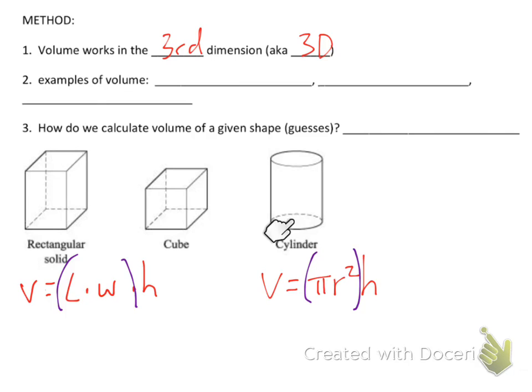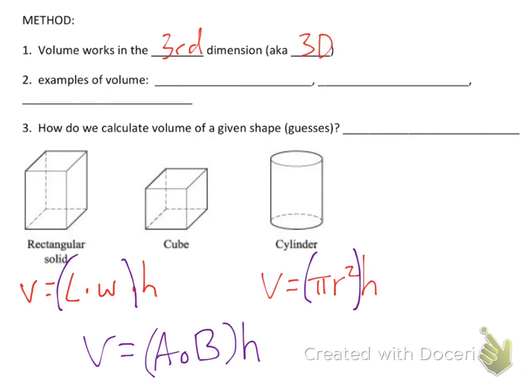It's sitting on a circle. That is a base. And so volume would equal area of base times height. The area of base times height is how you find the volume of almost any object.